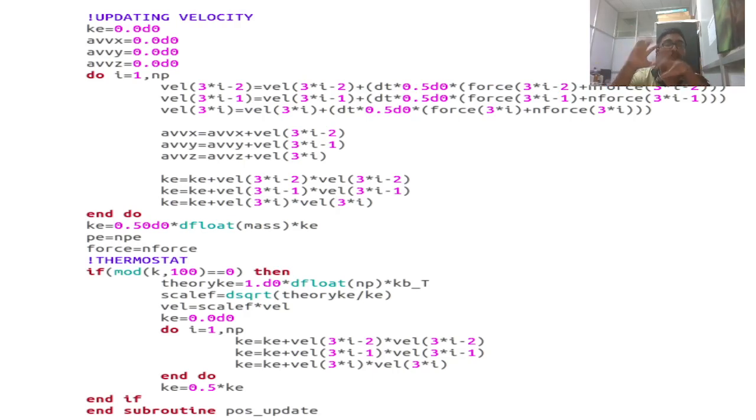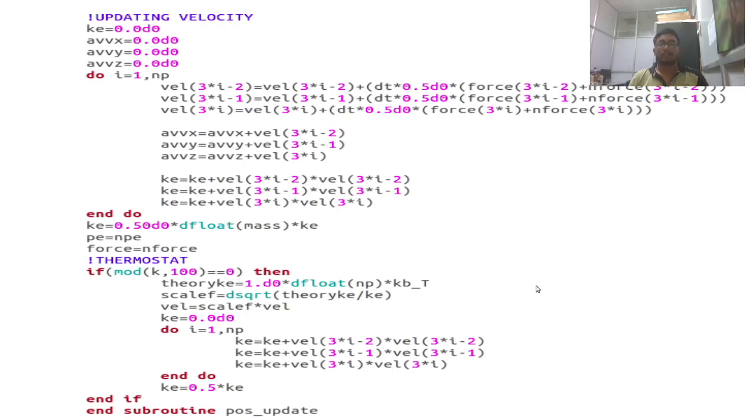So this is the difference between without thermostat and with thermostat. With thermostat you have an NVT system where the temperature is constant but total energy is not, but without thermostat you have an NVE system where temperature is not constant, therefore kinetic energy is not constant, but the total energy is constant. Okay, so this is the subroutine where the position as well as the velocity has been updated.